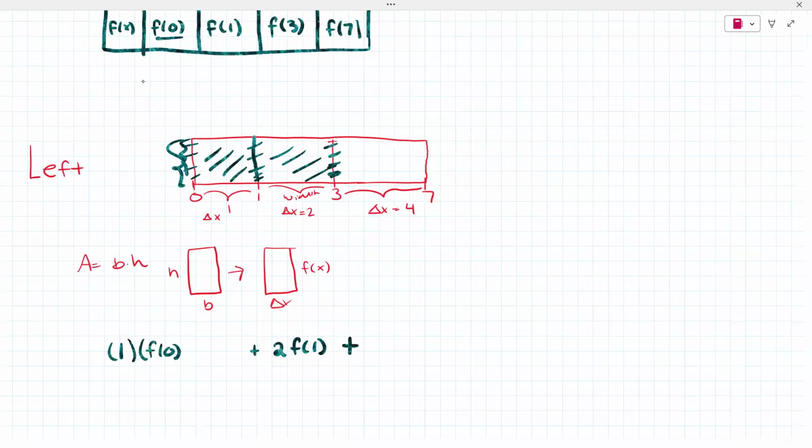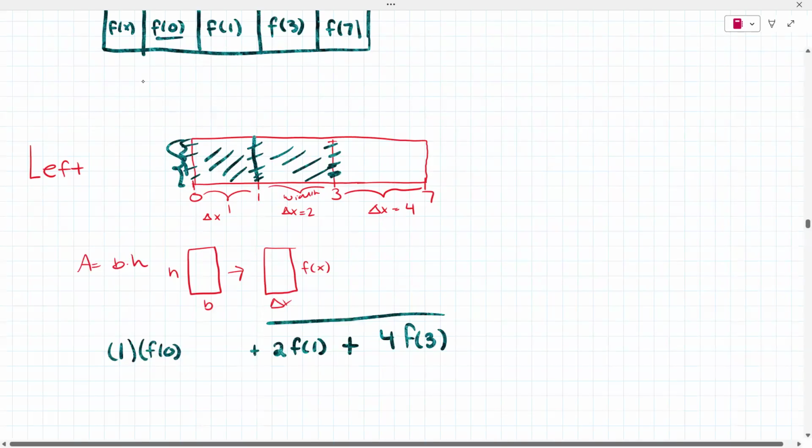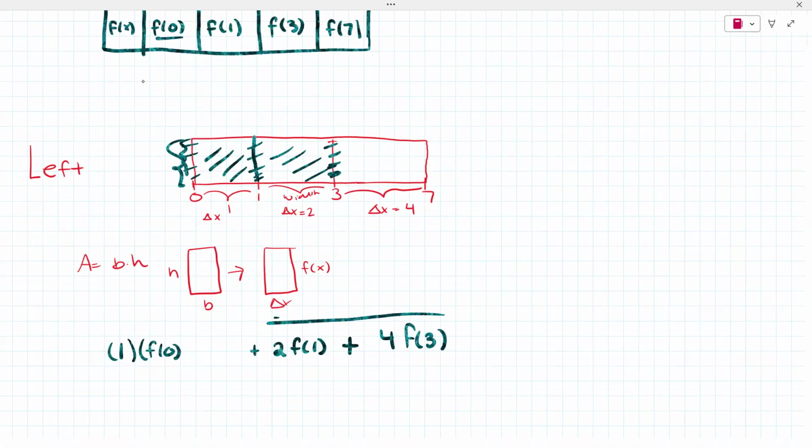Plus this rectangle from 3 to 7, the change is 4, so your base is 4. And then we're focusing on this height, so it's going to be f of 3. When you put it all together, you're just going to get this. Unfortunately, we don't know the y values of f of 0, f of 1, and f of 3, so we're just going to leave it like that.